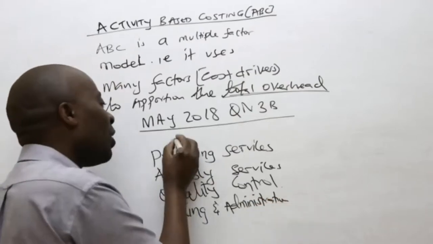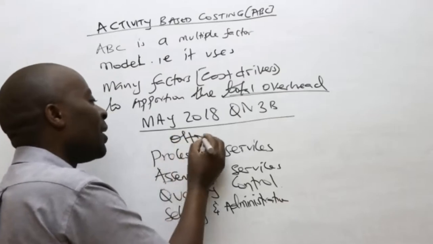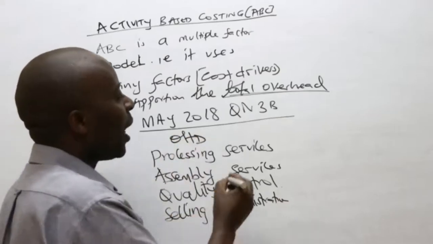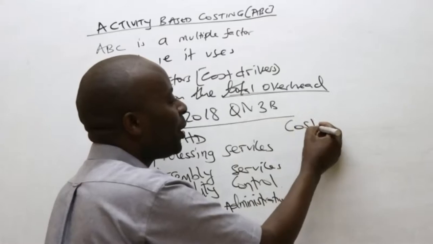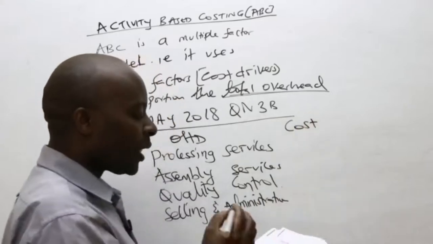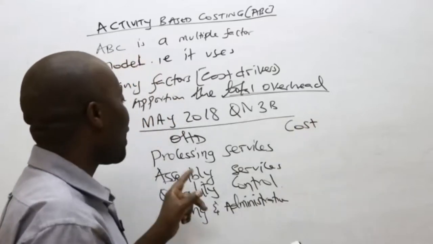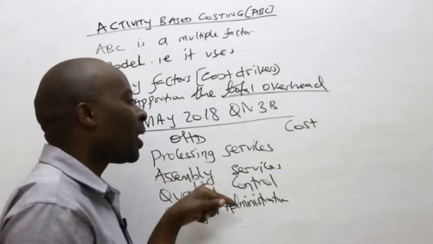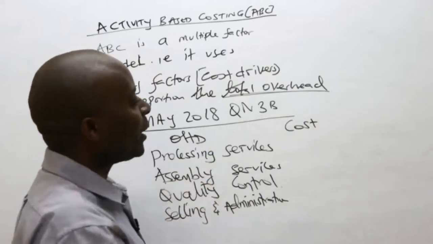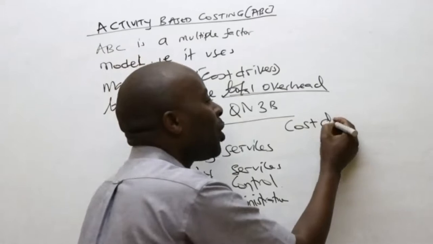So these are the overhead items. I would want you to look at the information given keenly to ascertain the factors which affect these particular overheads, the factors that we call the cost drivers.